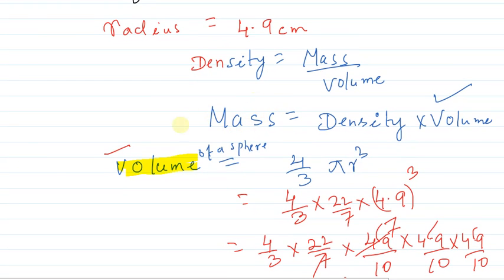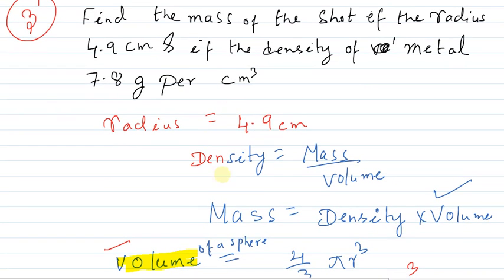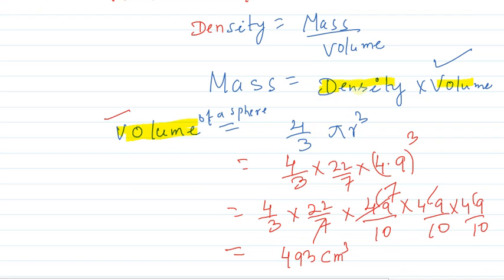Fine. We have got the volume. So here we have to find what? Mass in the question. So mass is equal to what? Density into volume. All right. Mass is equal to density into what? Volume. So what is the density given here?